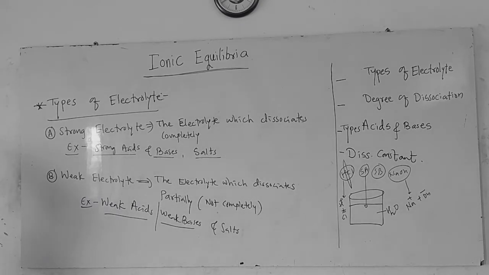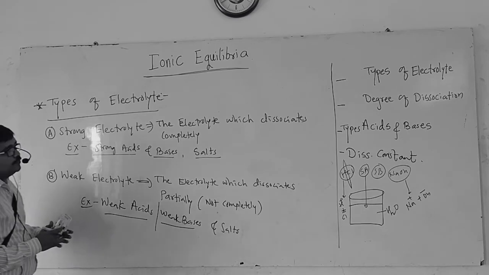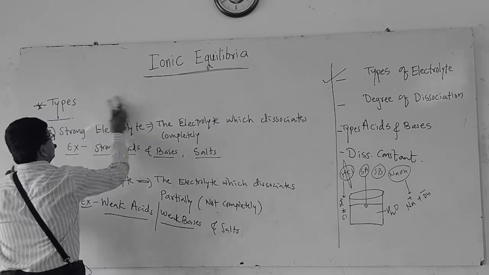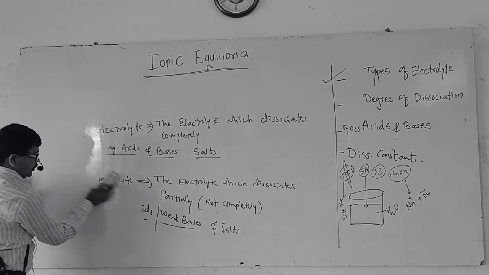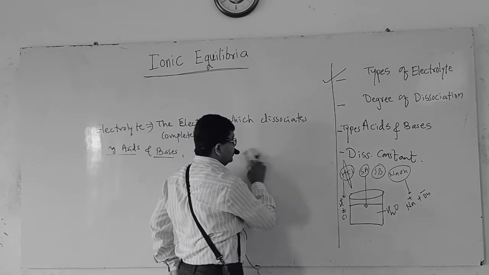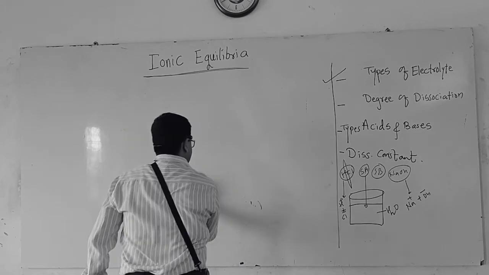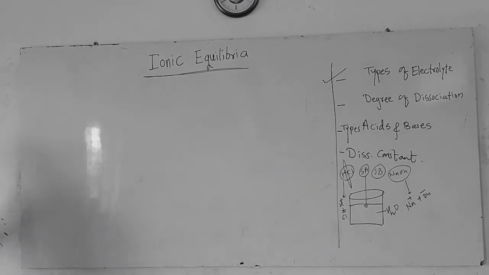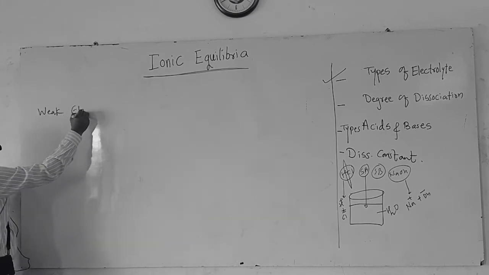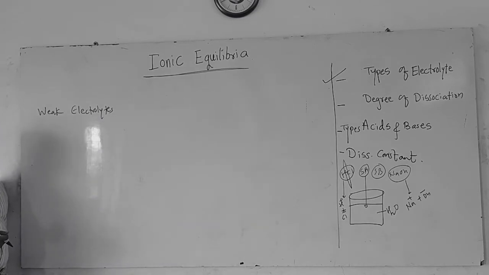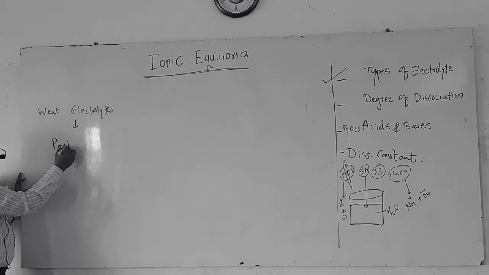Okay. Now, the next point is degree of dissociation. What is meant by degree of dissociation? Degree of dissociation, in short, we can say how much percentage dissociation takes place. See, partially.